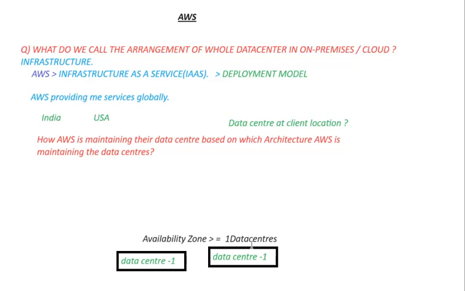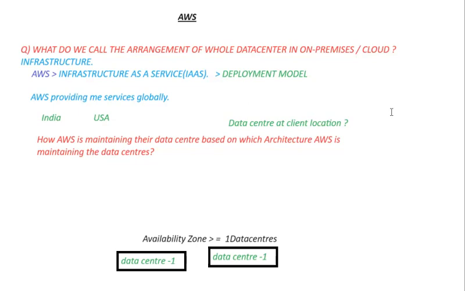So what does this sentence mean? Let me ask, what is this data center, sir? What are the things present under a data center? A data center naturally contains servers, storage, networking, and so on. What do we call all these things? Infrastructure.